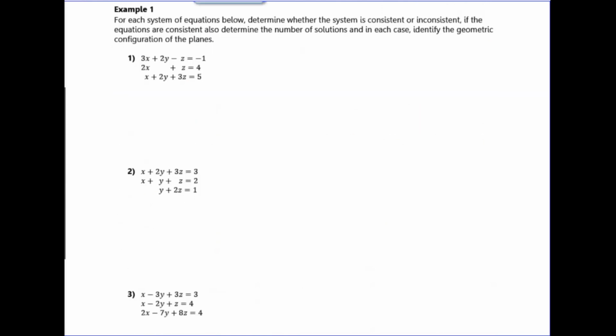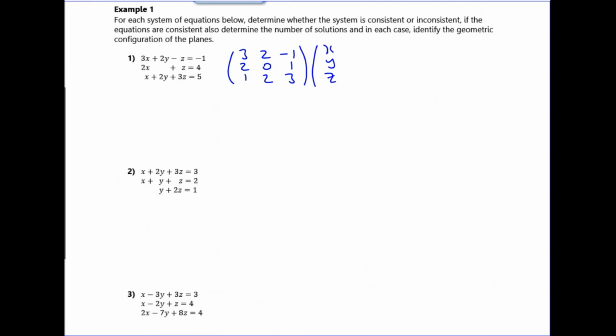Let's have a look at some examples and hopefully this will make a little bit more sense. For each of these, I'm looking at how many solutions and what's happening geometrically. So I'm going to set these up as matrix equations first. We've got 3, 2, minus 4, 2, 0, 1, 1, 2, 3. Notice that y is missing from the second equation.